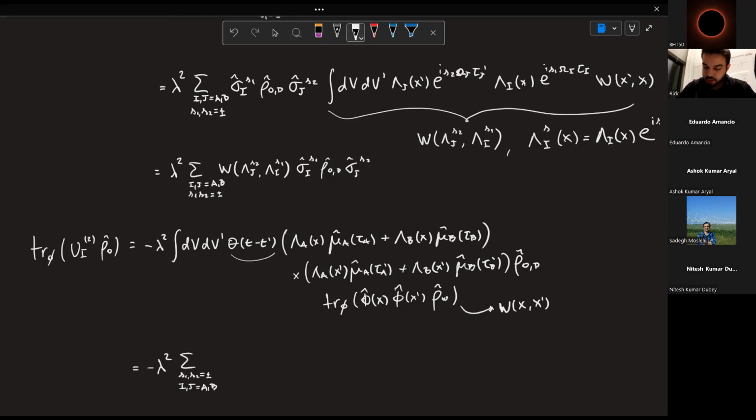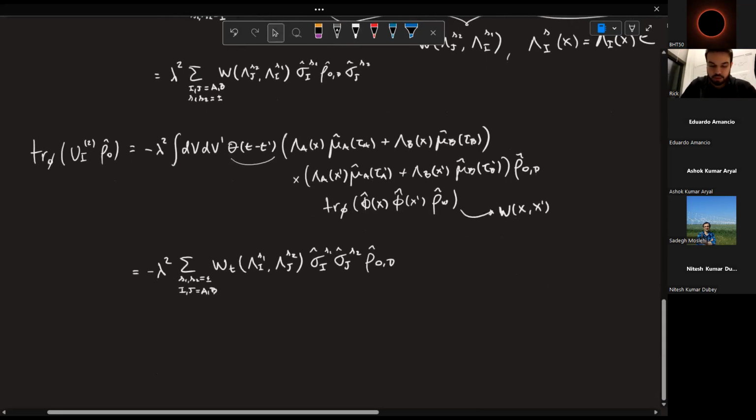What we're going to find here is W with the Heaviside theta, evaluated at lambda_I S1, lambda_J S2, and these will come with the order of the sigma matrices that hit the rho in this case: sigma_I S1, sigma_J S2, rho 0D.